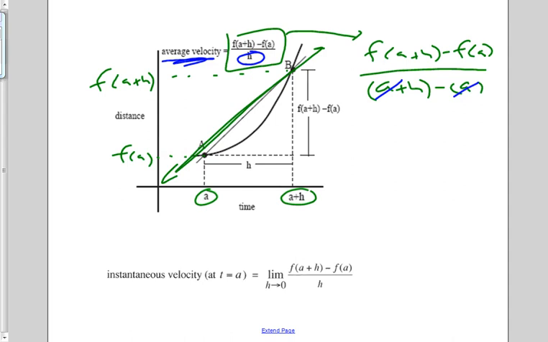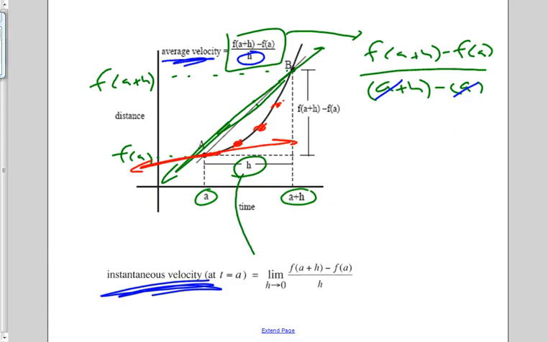If I wanted to find the instantaneous velocity, once again, that's when we let B get closer and closer to A. So B is getting closer to A, going down on the actual curve itself. The green line is my original secant line, and now I'm moving the point B closer and closer to A, and as it gets closer and closer to A, we start looking at the instantaneous velocity at A. And we did that by letting this h value go to 0.